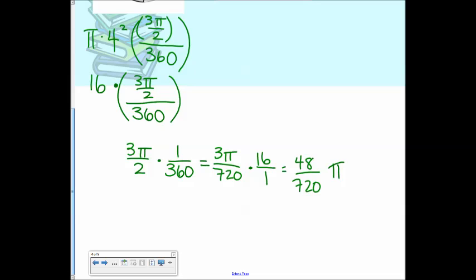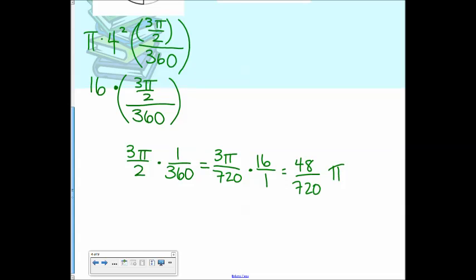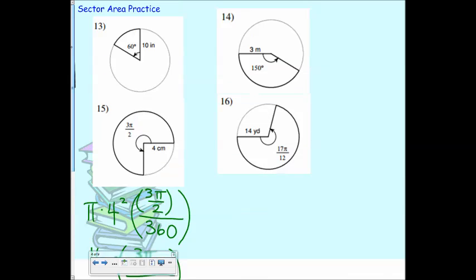Okay? All of these you can do on your calculator. It just depends on how you want to do them.